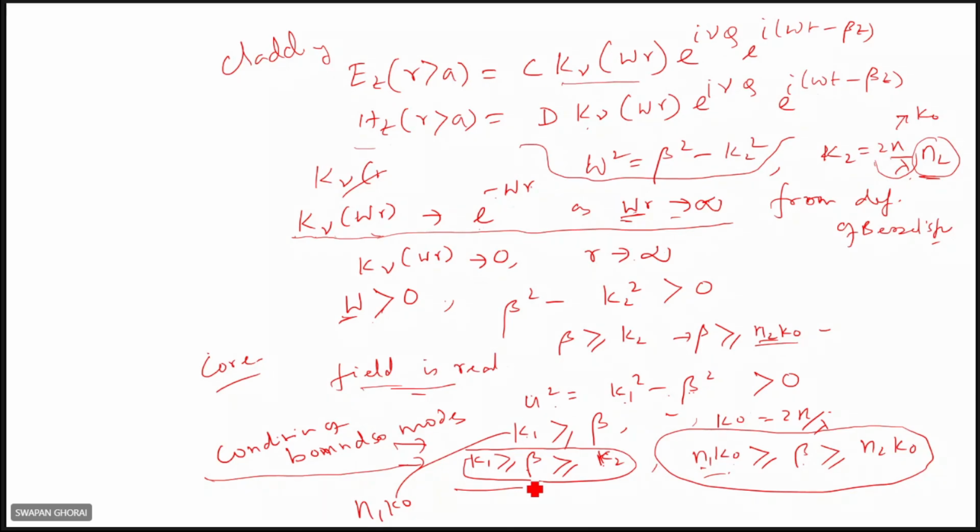Okay, so this is the condition of bound modes. Now our aim is to get the value of beta, then only you can have the field distribution. Also, suppose a fiber is given, how many modes will be there in a particular fiber? That we'll see.